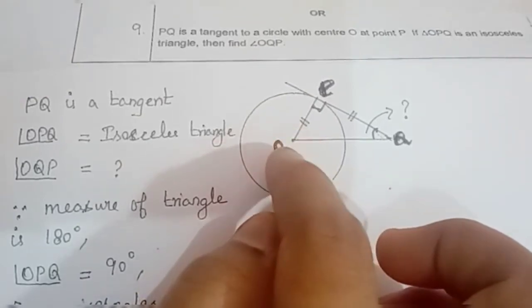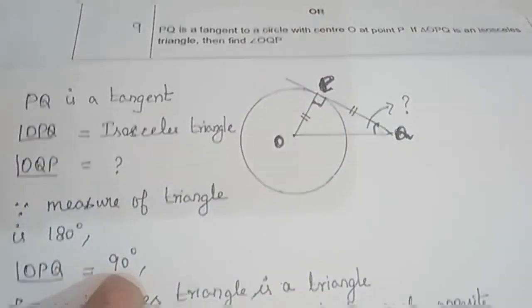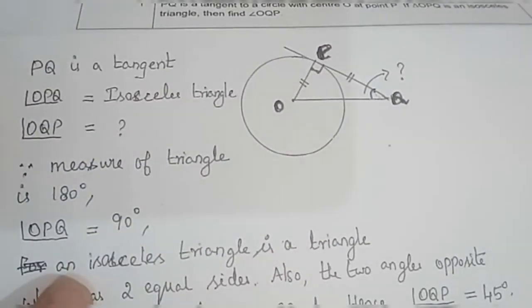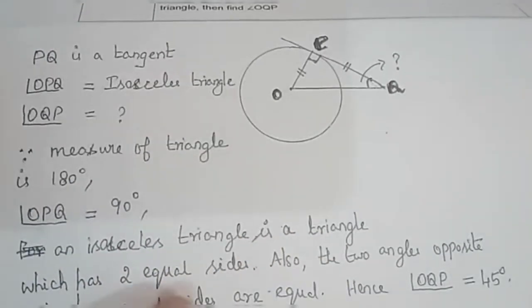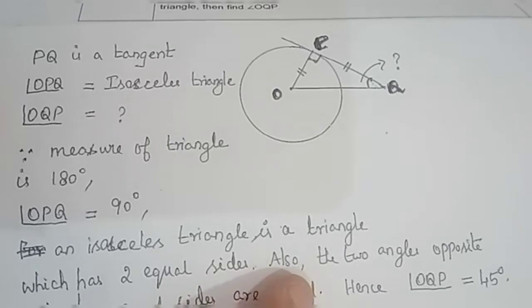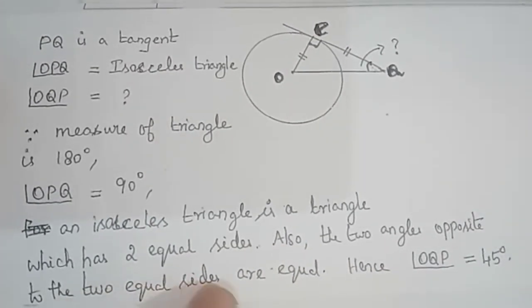Therefore angle OPQ is equal to 90. And also, an isosceles triangle is a triangle which has two equal sides. Also the two angles opposite to the two equal sides are equal.